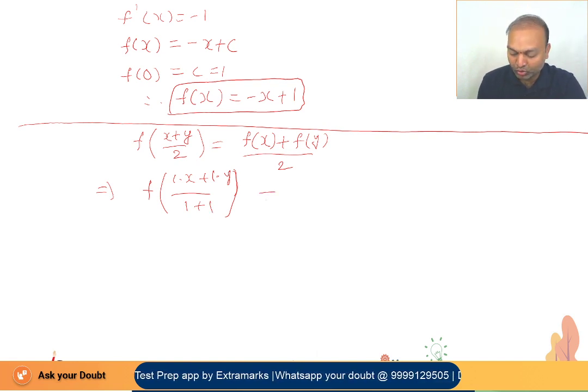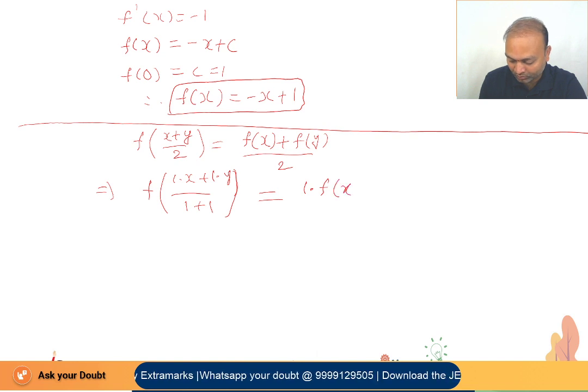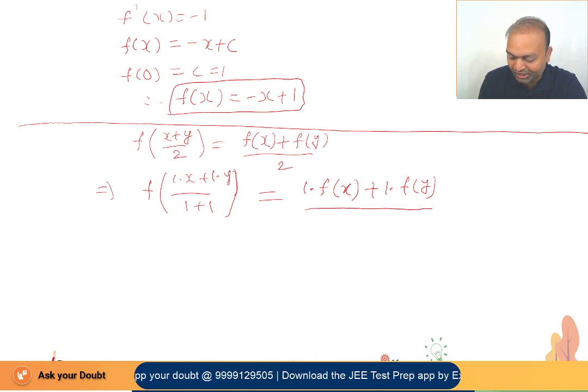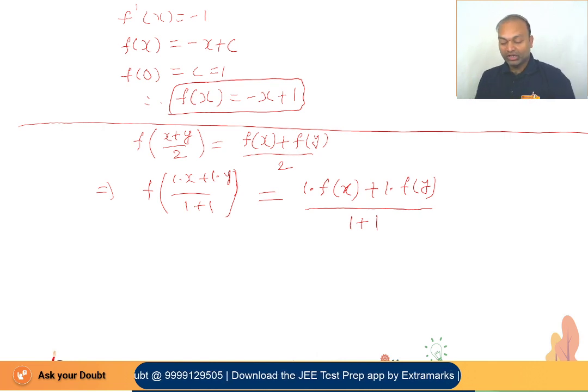Similarly, on the right side, f of x can be written as 1 into f of x plus f of y means 1 into f of y, whole divided by 2, which can be written as 1 plus 1. Okay, right. Why am I writing it like this? x means 1 into x, y means 1 into y. Just observe this one. It is in the form of some (m x2 plus n x1) by (m plus n).